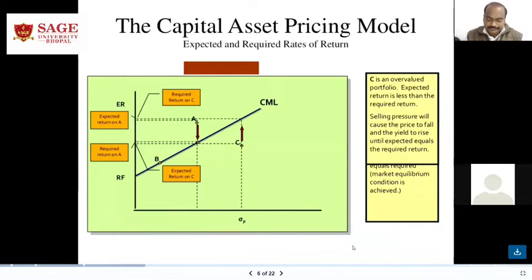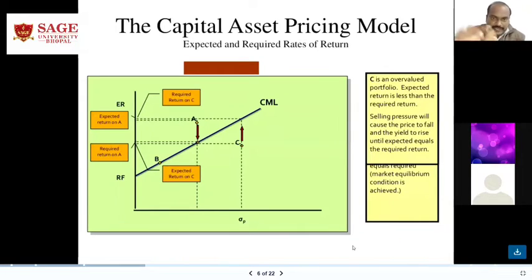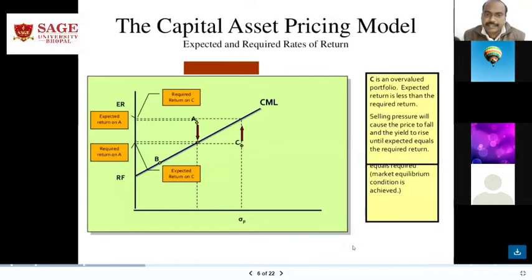Okay, and next one is this diagram. Can you see this diagram? Yes, sir. Okay. Let me explain what this diagram is. You can see CML. Can you see CML? Yes, sir. That is the capital market line.